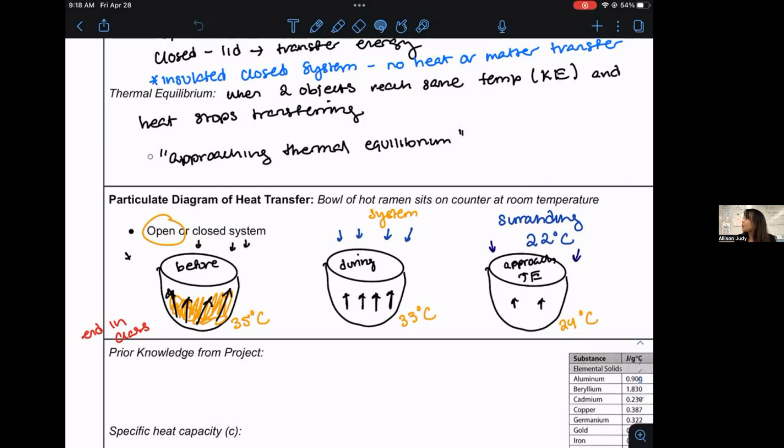All right. So out of curiosity, prior knowledge from this project, I asked you guys, how does mass affect heat? Okay, remember, heat and temperature are not the same, but they're highly connected. How does mass affect heat?